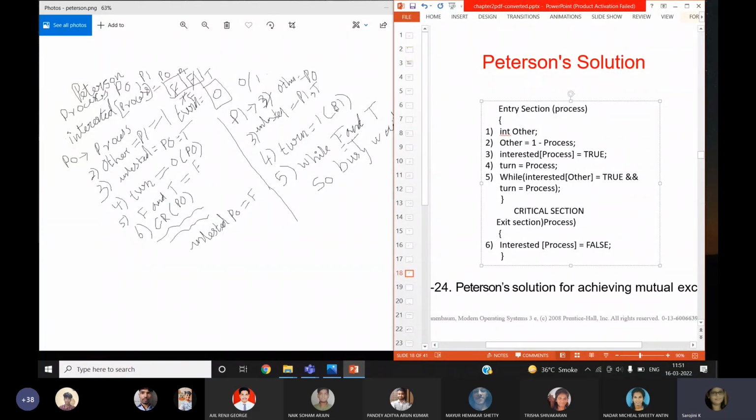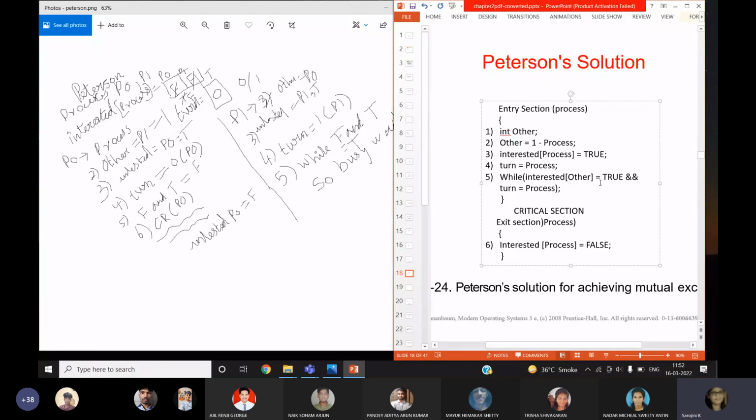What is the value of the turn variable? Turn equal to 1, so who is executing? Process P1. Remember, process P1 executes while interested of other equal to true. Interested of other is what now? It is 0.